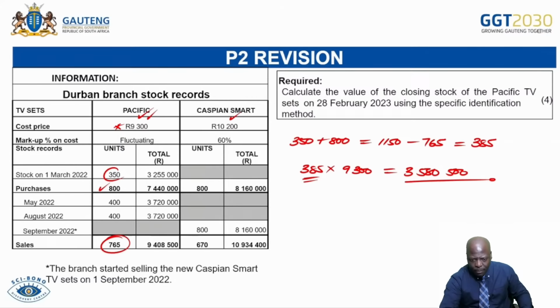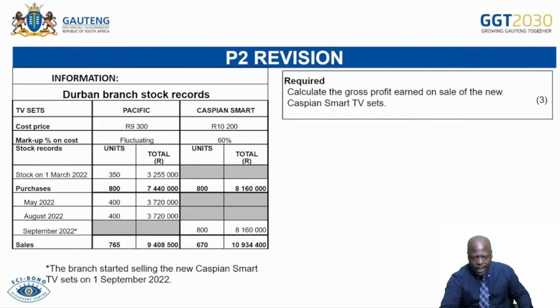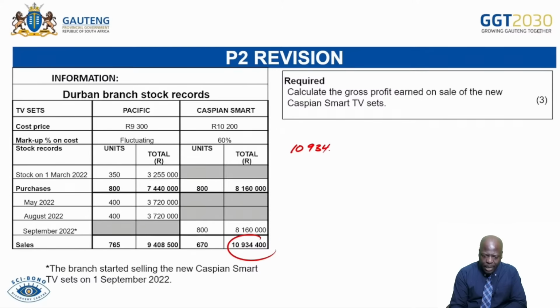And then the next one is going to read, calculate the gross profit earned on the sale of the Caspian TV. So you can see here that our total sales were 10,934,400.